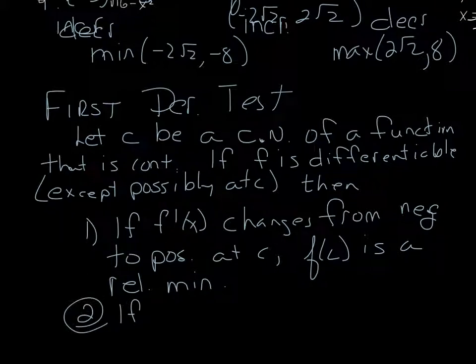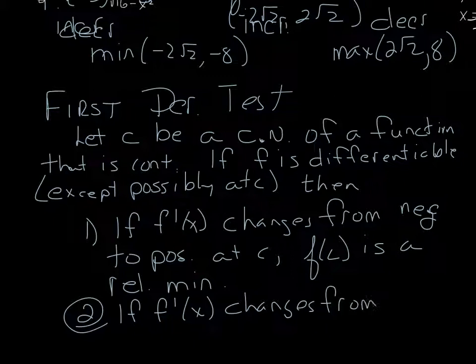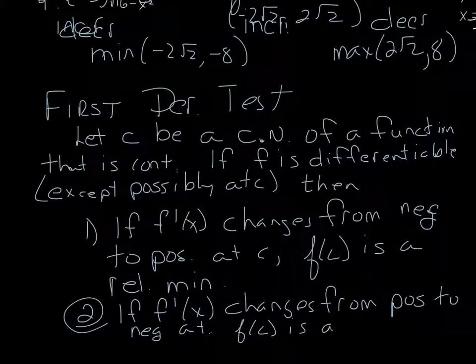If f prime of x changes from positive to negative at C, then f of C is a max. And if you just think about it, if you go from negative to positive, you have a minimum. If you go from positive to negative, you have a maximum.